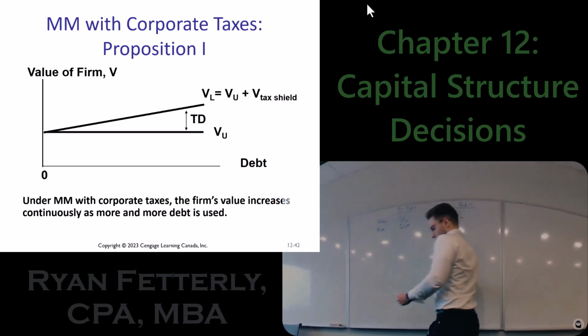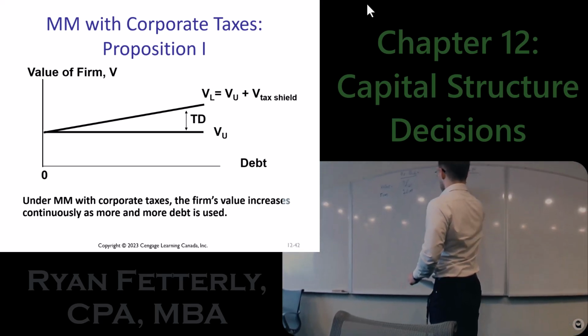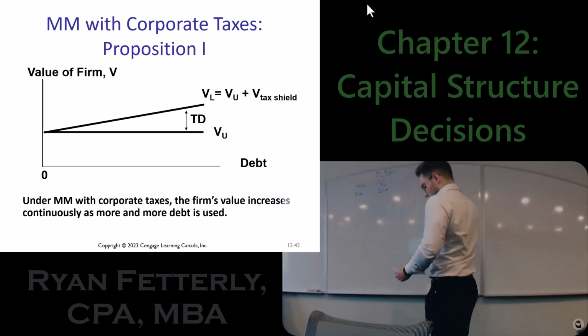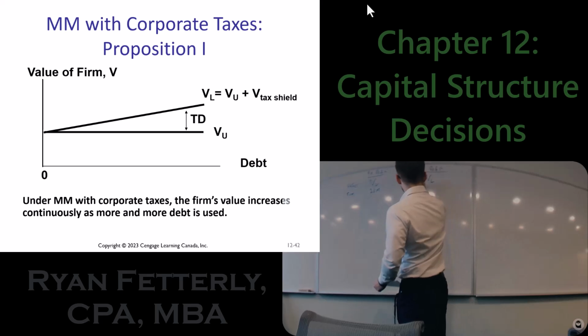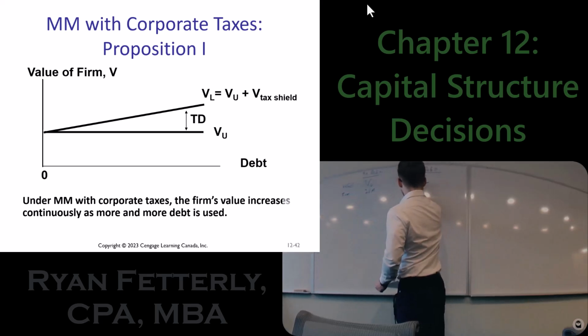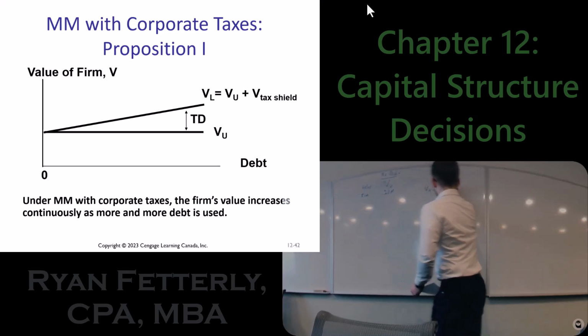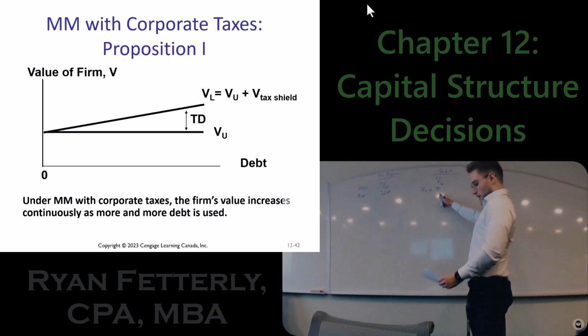What ends up happening is if I want to know the value of this firm if I add on debt, I would take VU, the value of the unlevered firm, plus T times D, which is the tax rate times the amount of debt I want to add.